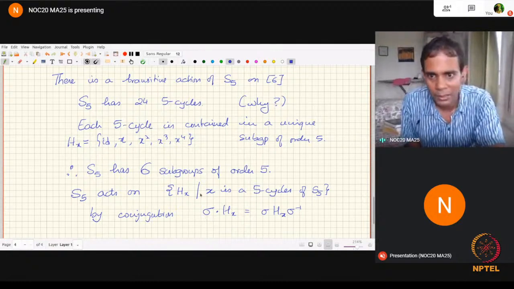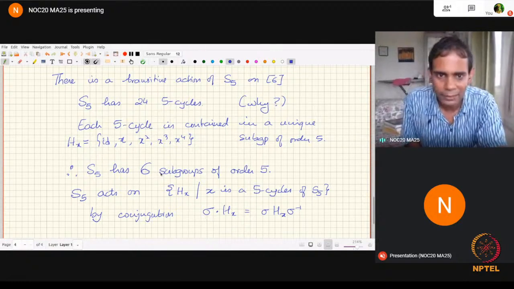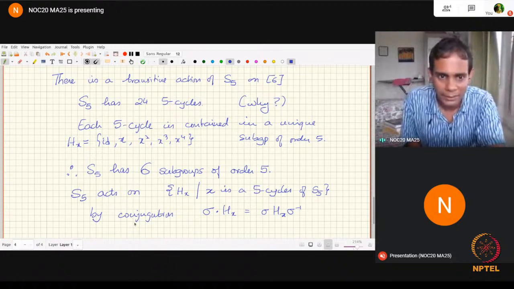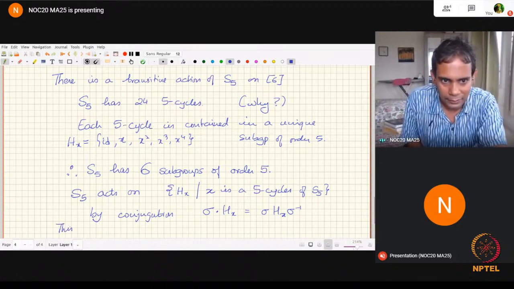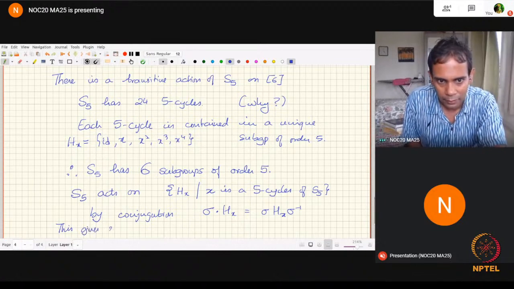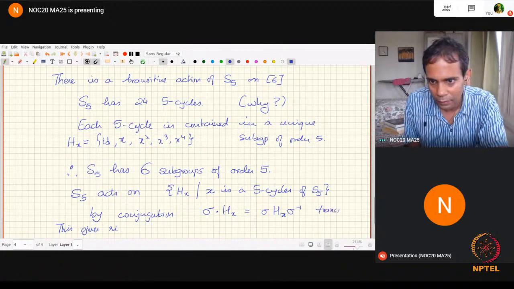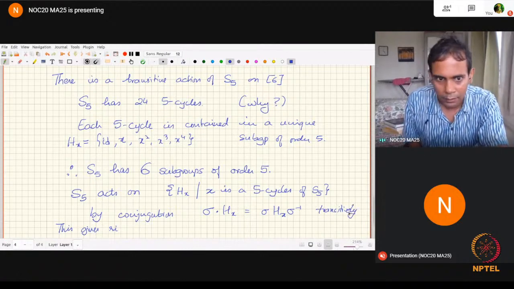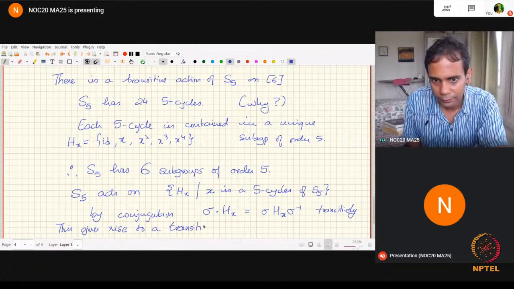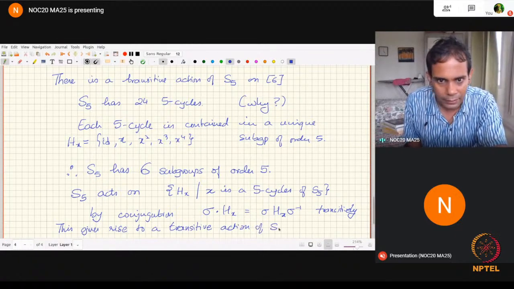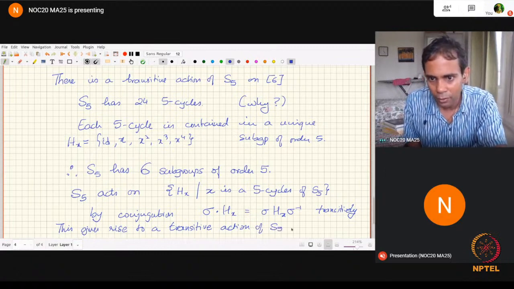And if you number these 6 subgroups 1, 2, 3, 4, 5, 6, then S5 acts on this set transitively. So this gives rise to a transitive action of S5 on the set 1, 2, 3, 4, 5, 6.